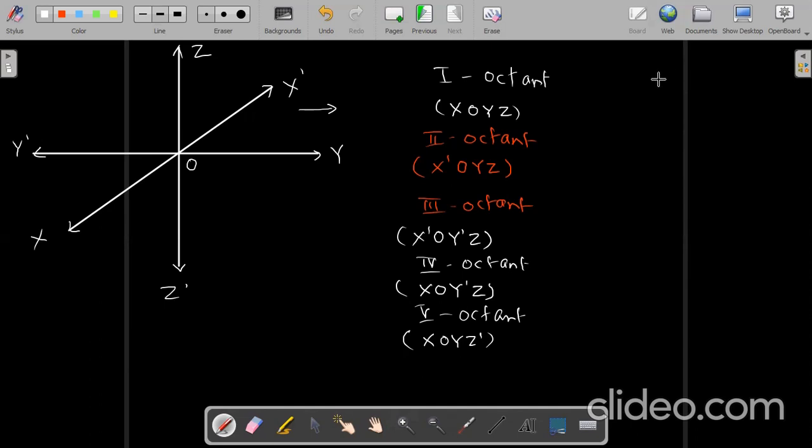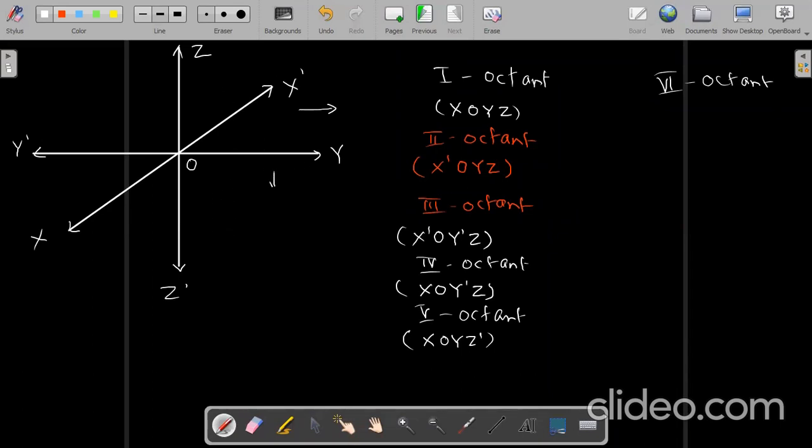So sixth octant means back room. Okay. So the sixth octant will be X dash O Y Z dash, below, not above.